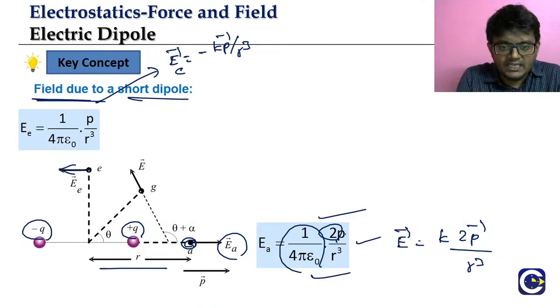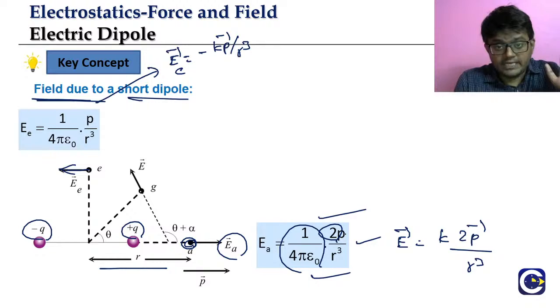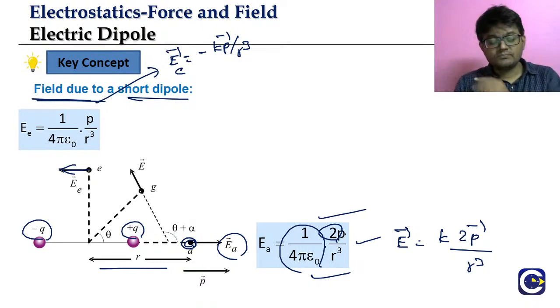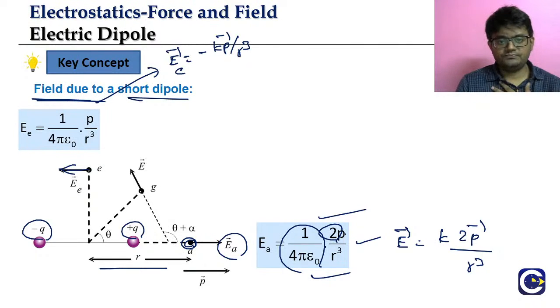Directions are important. On the axial line, the direction of the field will be along the dipole moment. On the equatorial plane, the direction of the electric field will be opposite to the dipole moment.